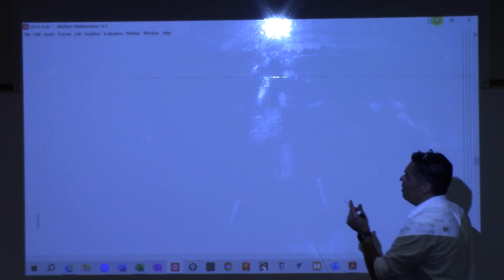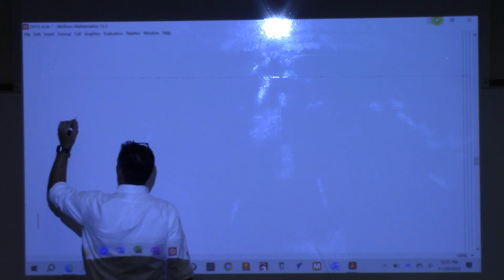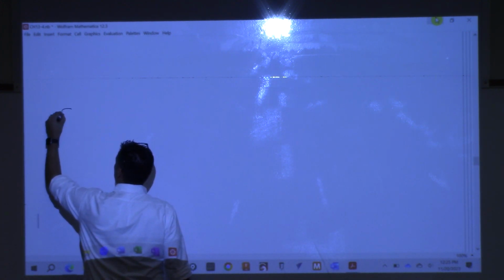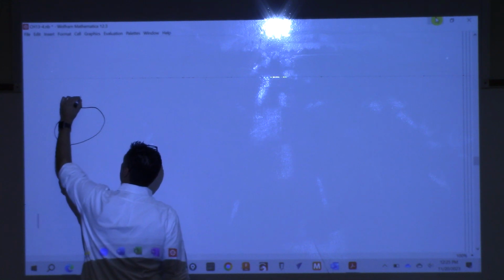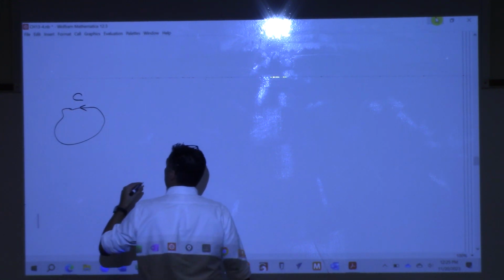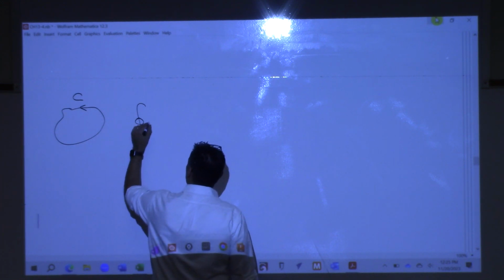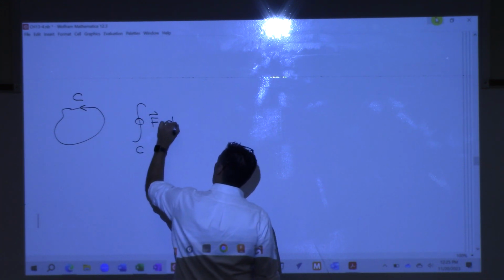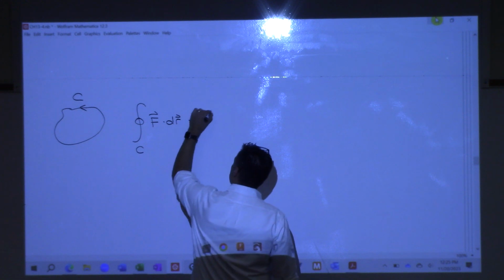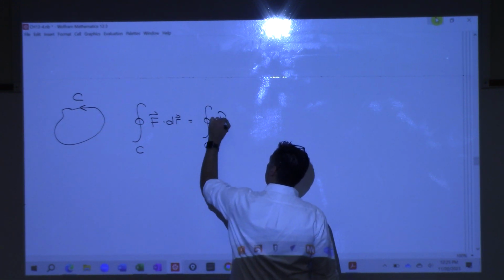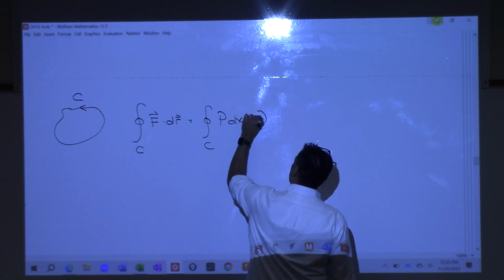So what we said is, if you start out with a curve C with positive orientation, the line integral over that closed curve C of F dot dr is the same as the line integral over C of P dx plus Q dy.